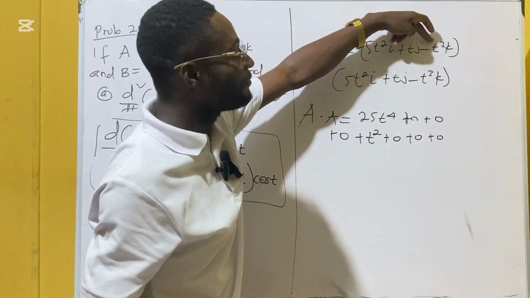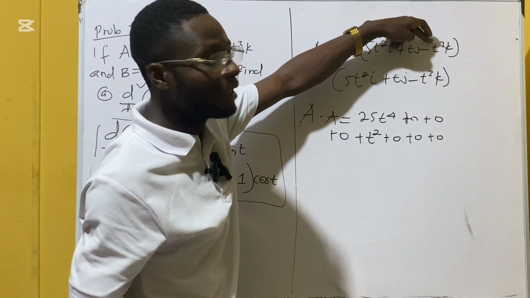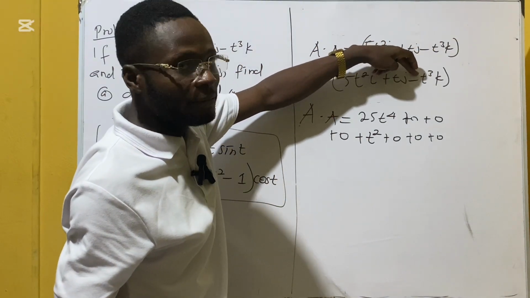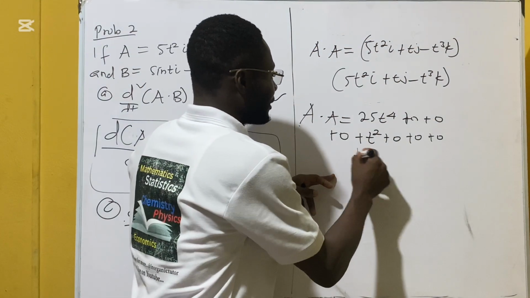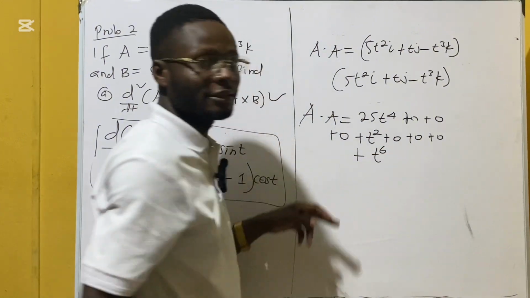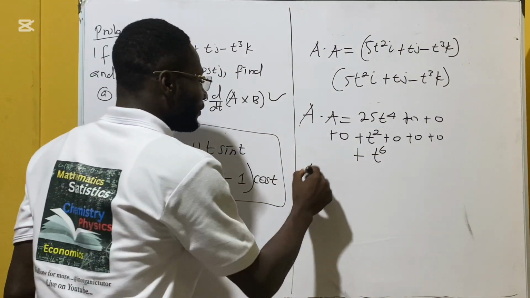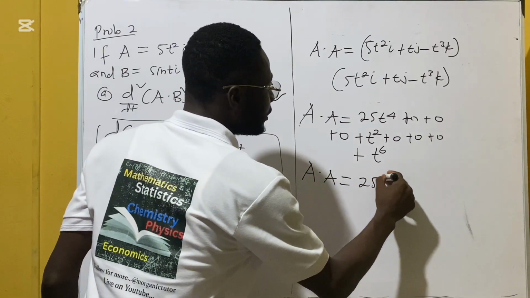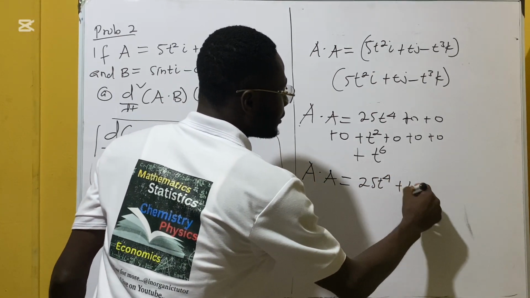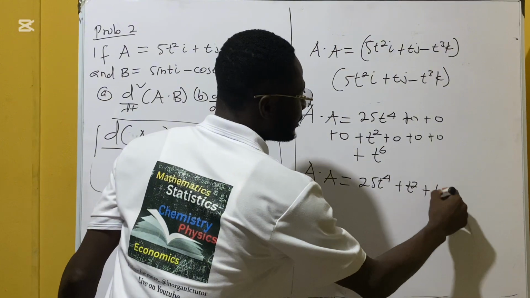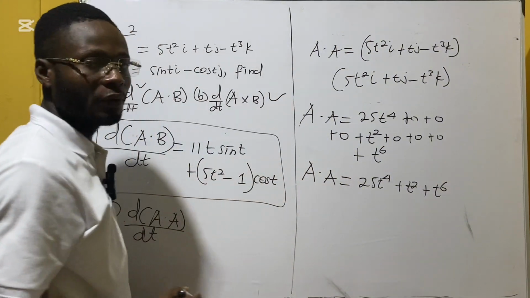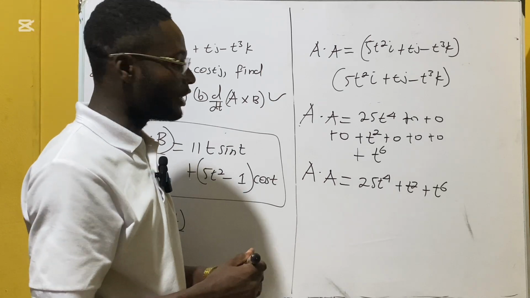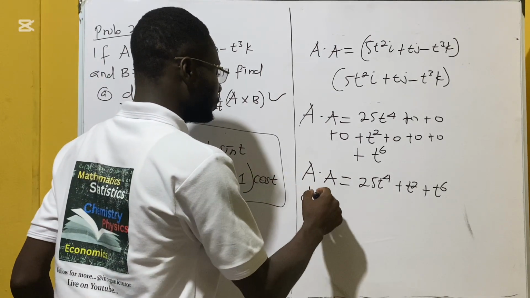And then negative t cubed k times negative t cubed k becomes plus t to the sixth, right? So we have A dot A equal to 25t to the fourth plus t squared plus t to the sixth, right?